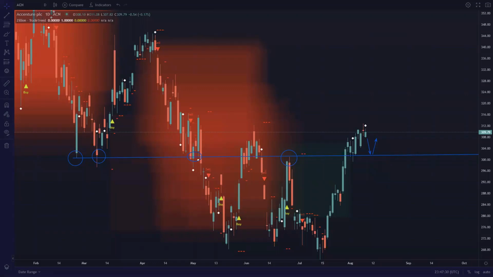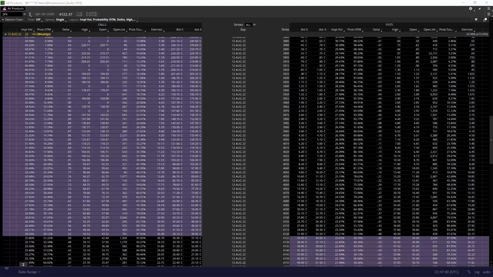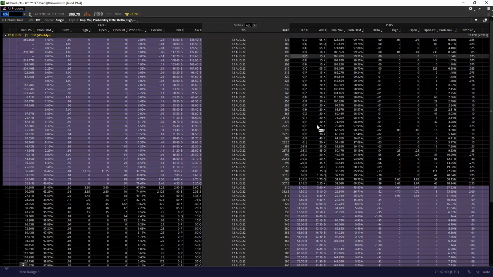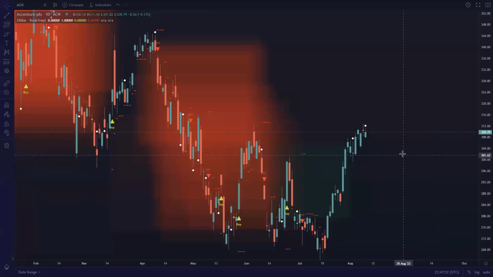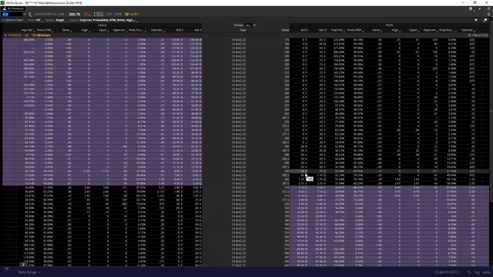And then also, if the stock or the security is optionable, I want to look at probabilities just like we did earlier. So I might go over to the options chain for Accenture. And if I were to take a short trade off of this, and I identified there's support around 301, let's just say 301.75, I may need to adjust that based on available strike prices.